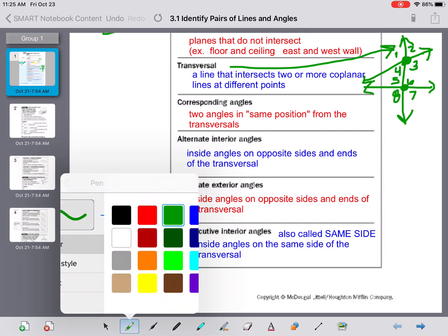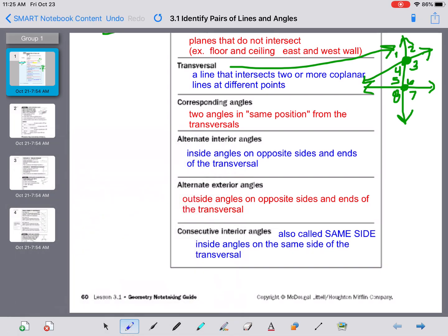All right, corresponding angles is the first set of angles we want to talk about. So we have two lines in the same plane. We have a transversal cutting through them. And I get these corresponding angles. These are angles in the same position from the transversal. So this one's in the top left corner. It matches up with this top left corner on this one.